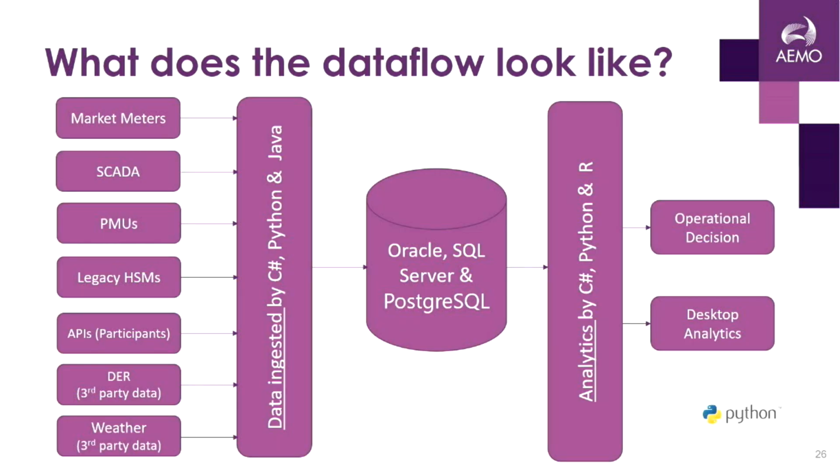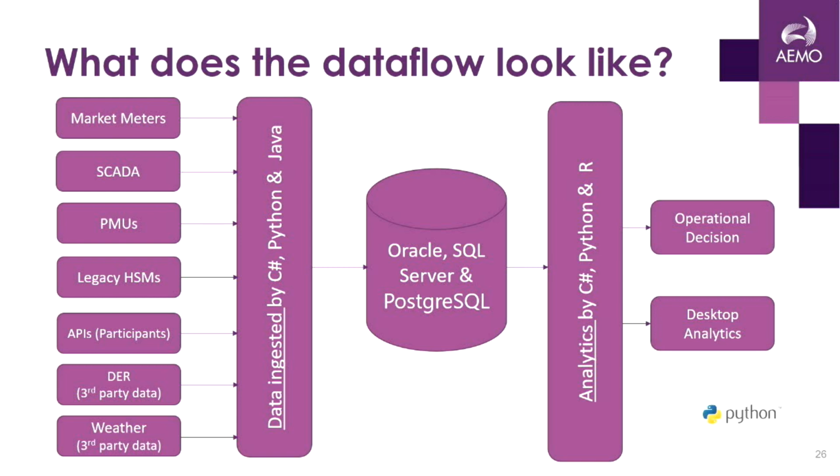What does the data flow look like within our organisation? We receive data from many sources. We have market meters that are high accuracy calibrated devices that are used to control the market. We have SCADA meters that are of lower accuracy that measure volts and amps.